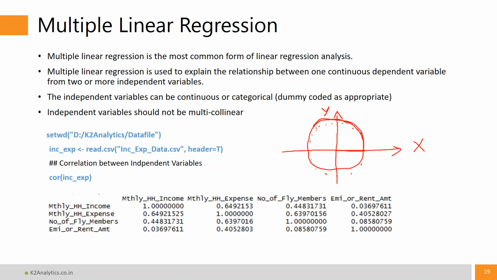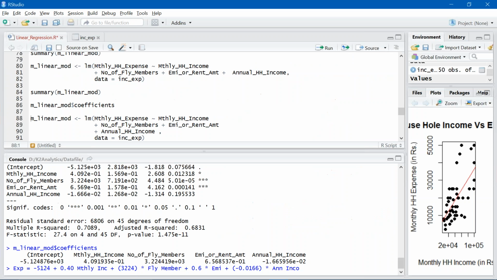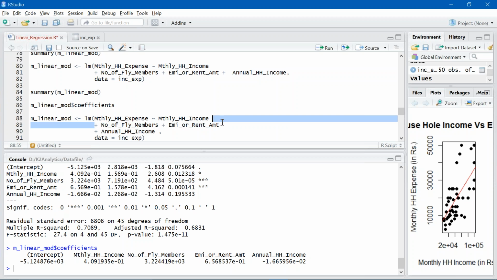Okay, do you agree? If you want to understand that slightly better, let us go back. Instead of building a model where I am using many variables, I'll use monthly expense as a function of monthly income and annual income.